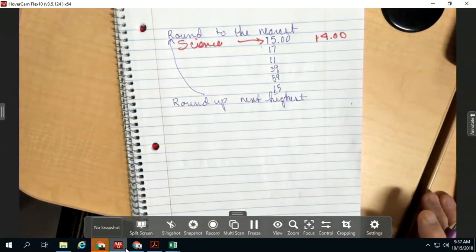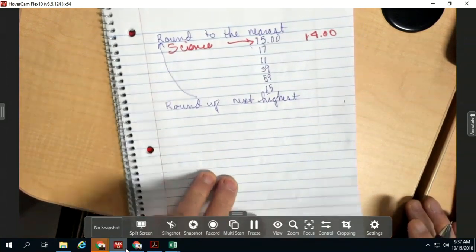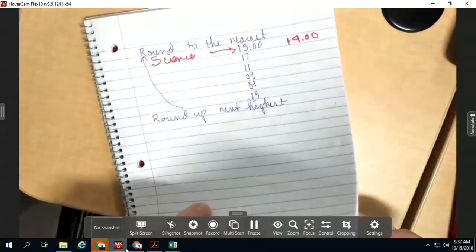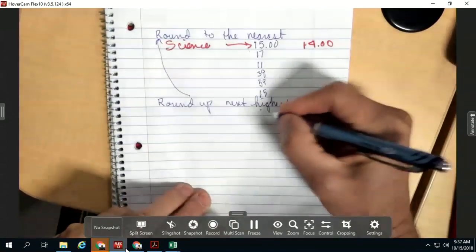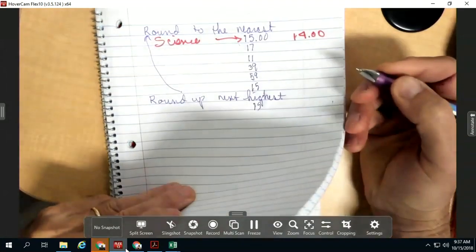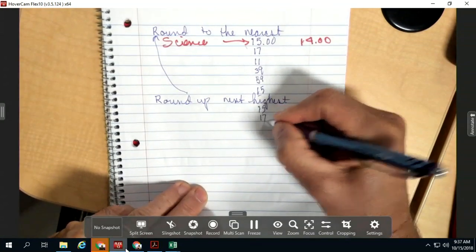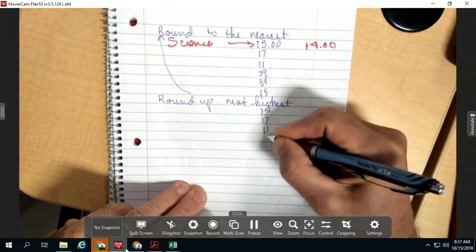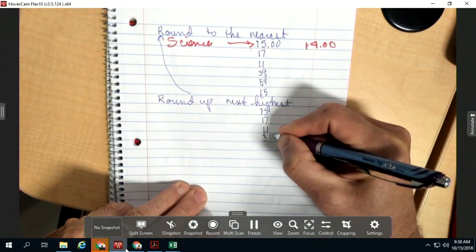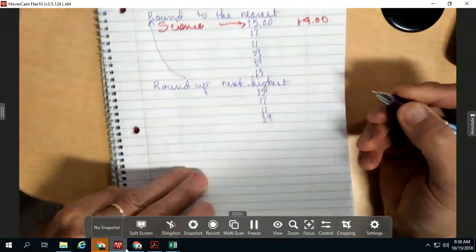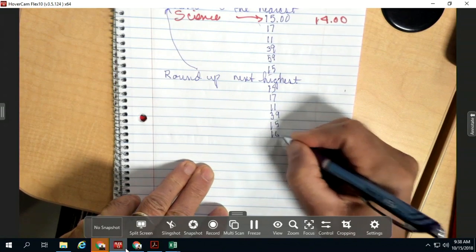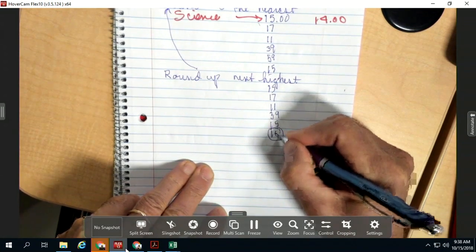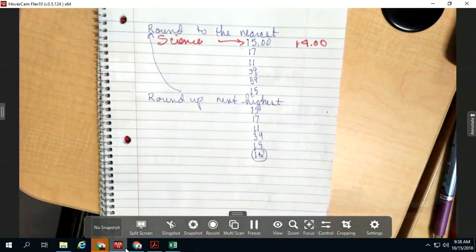So, let's look at the prices again, and let's make them the next highest dollar. What would the first one be? 15. 17. 11. 39. 59. 59, and 16. Does everybody agree this is the one that we would round up?